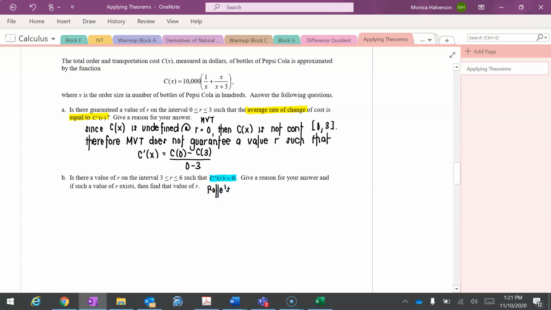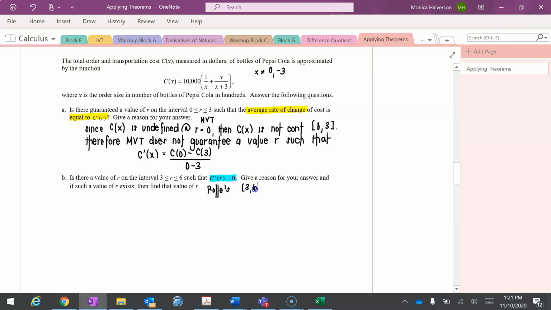Now, with Rolle's, you have to ask the same questions. Is it continuous? Is it differentiable? And do the values at the endpoints equal the same thing? Well, we know this function is only discontinuous at 0 and -3, which is outside of our interval of 3 to 6.